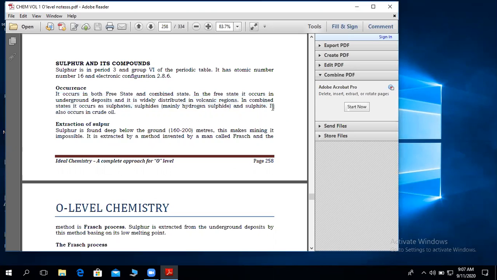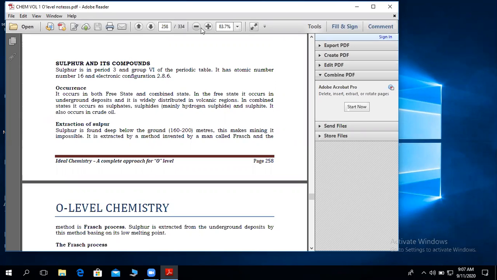Extraction of sulfur. This is where our real chemistry on sulfur starts. By extraction of sulfur, we mean getting the sulfur that is underground out from there. That is the question: extraction of sulfur from underground.